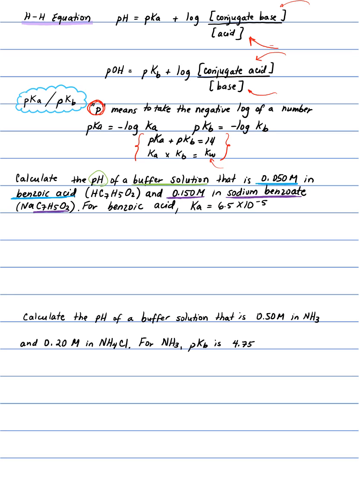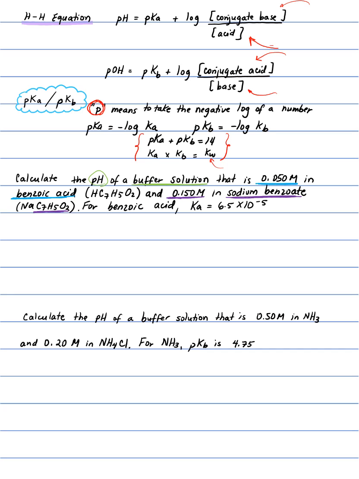Now, when you look at your equation, pH equals pKa plus the log of the concentration of the conjugate base over the concentration of the acid. So we have two numbers. You need to identify which concentration corresponds to the conjugate base, which one corresponds to the acid.